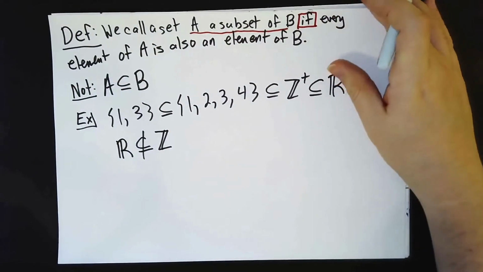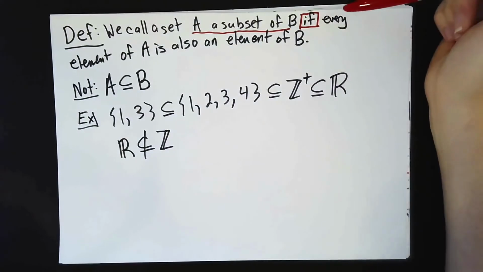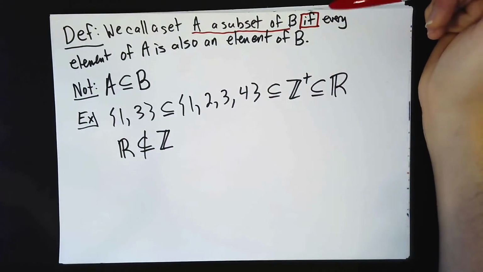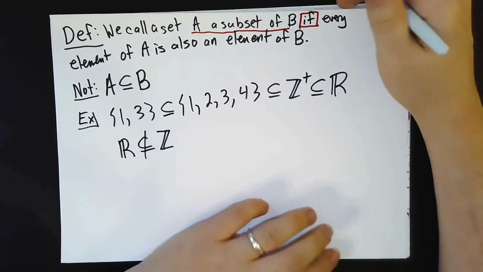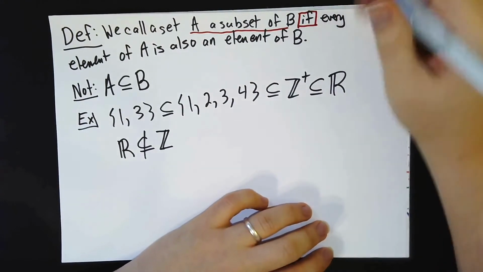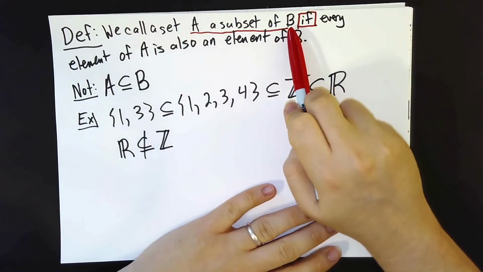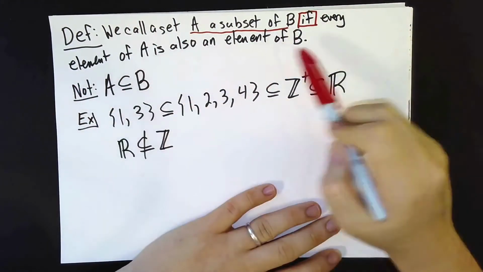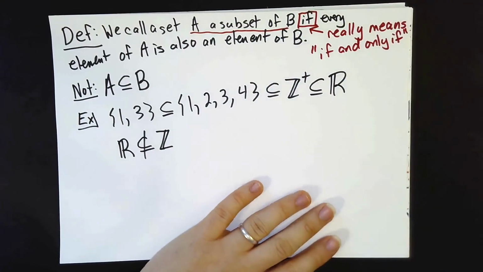If you followed the last section carefully, you got a really precise sense of what the word "if" meant, and so you might read this as being a directional thing. However, in the case of definitions, for whatever reason, when someone says "if," linking the thing that is being defined to the definition, this "if" really means "if and only if."